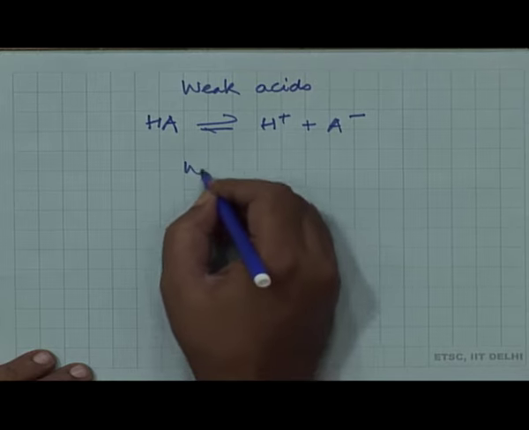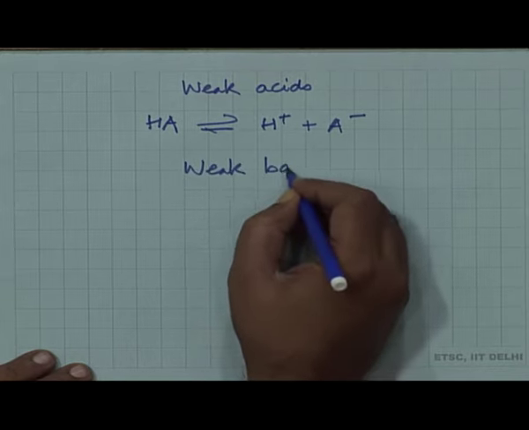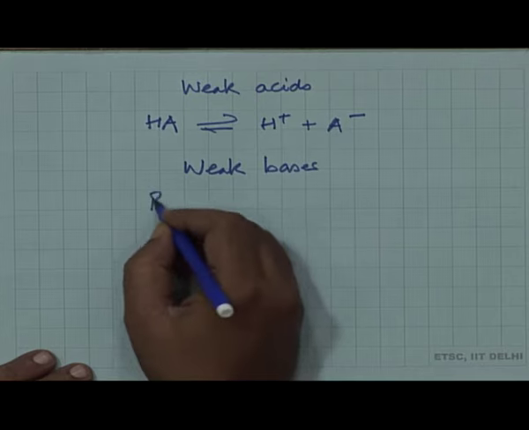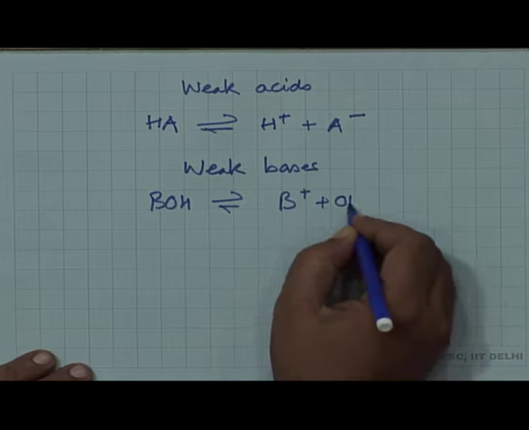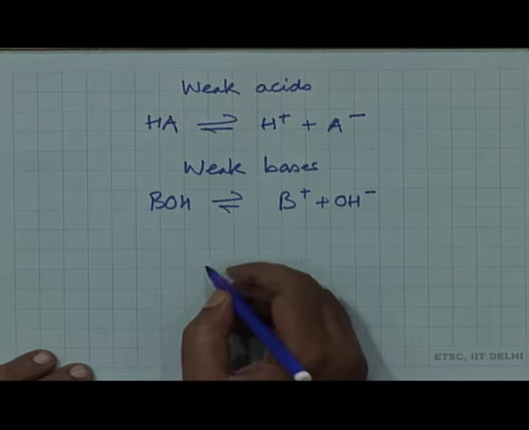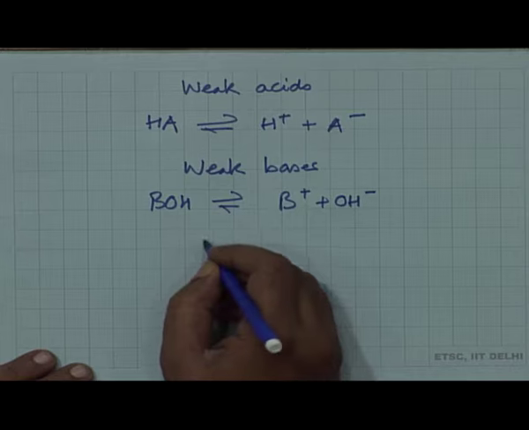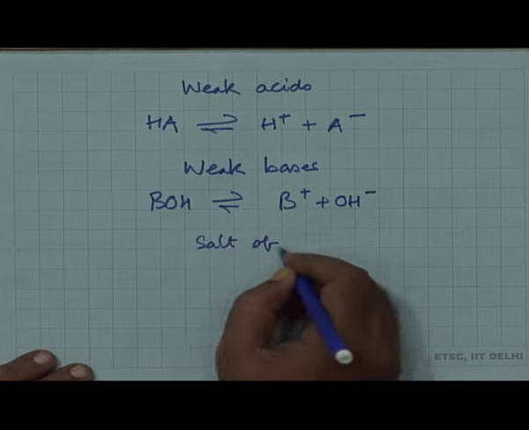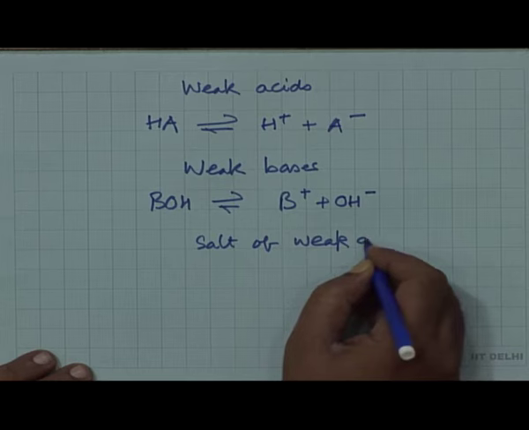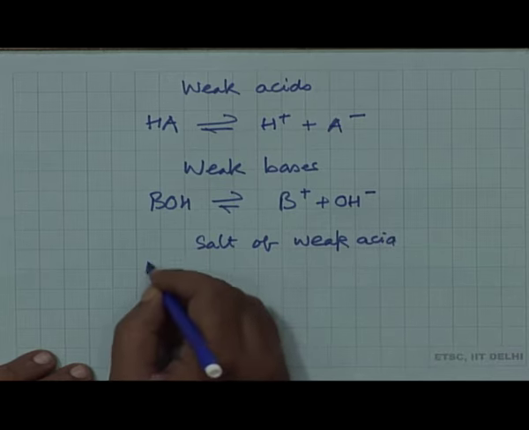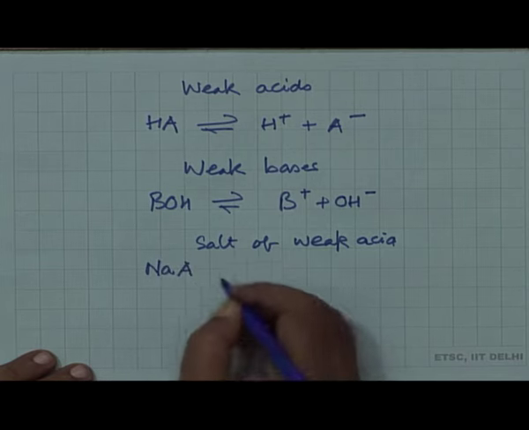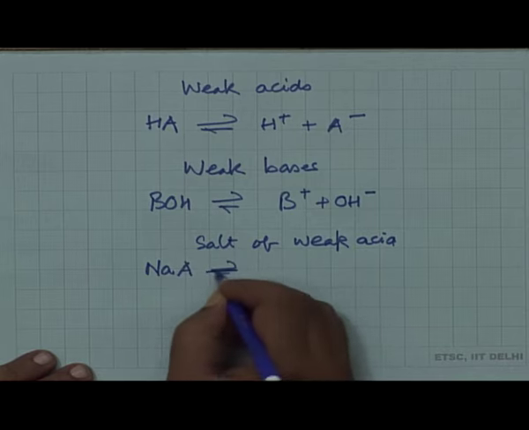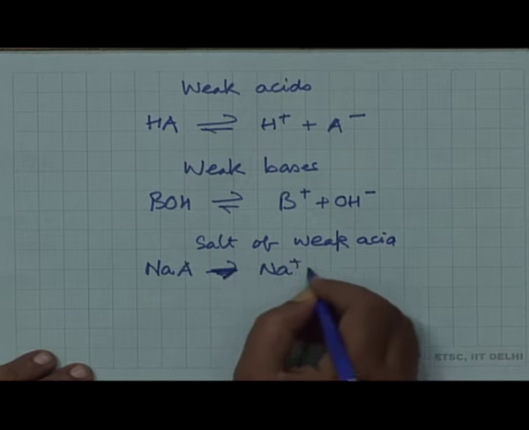In case of weak bases, again we have equilibrium between dissociated and undissociated species, and similarly a salt, for example Na plus plus A minus.